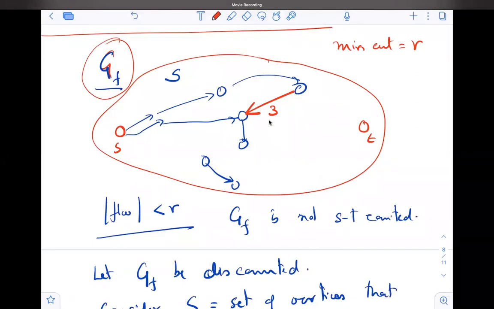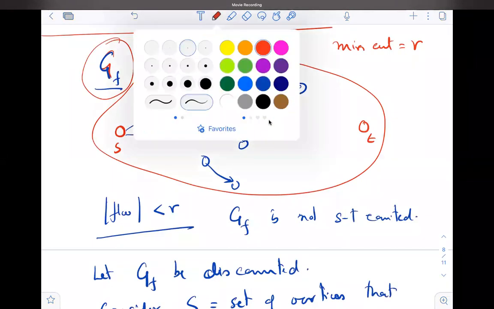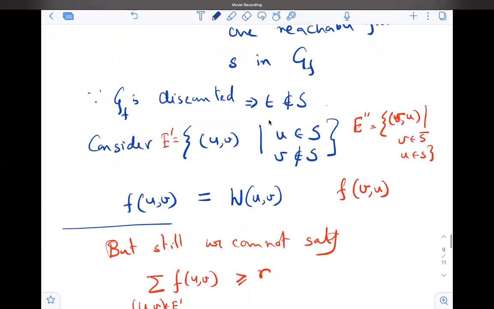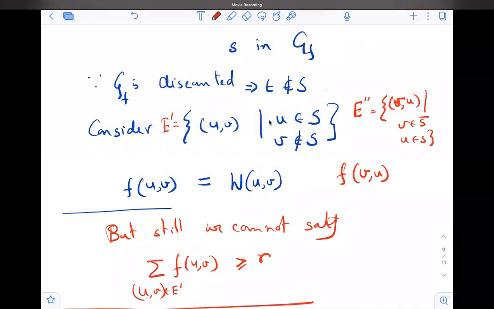It means that I can push this flow back 3 units. So in G of F there is this green edge, which will contradict the assumption that S did not contain this vertex. So I can say therefore this equals 0.